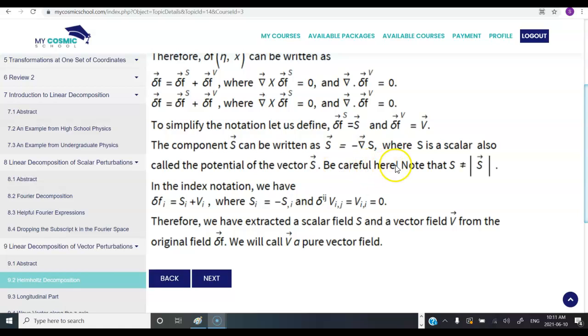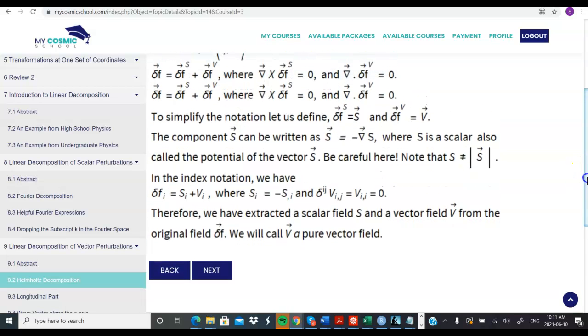Be careful here that this s is not the magnitude of the s vector, because we are used to thinking that if we have a vector f, then f without the vector sign is the magnitude of f. But this is not the case here. Here this s is not the magnitude of this vector. It is the potential.